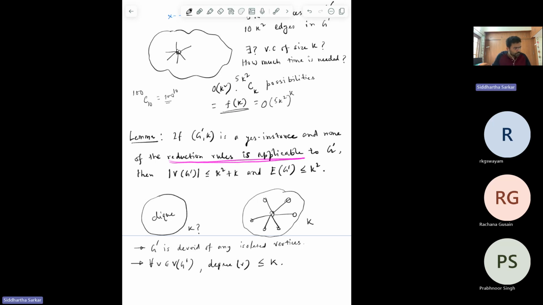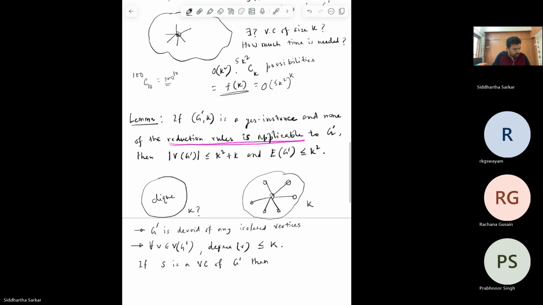These two things imply that if S is a vertex cover of G dash, then after removal of S from G dash, the vertex set is V of G dash minus S, I mean all these vertices which are other than the vertices in the vertex cover.